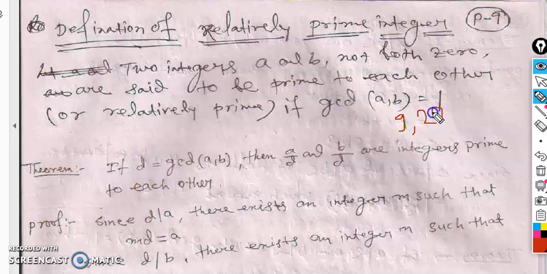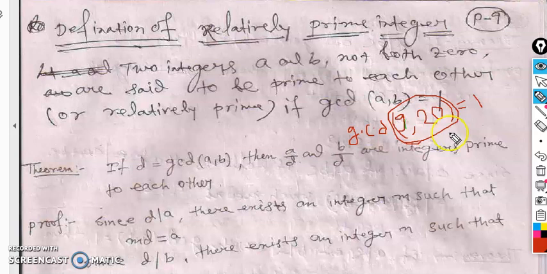But the only common factor of 9 and 20 is 1, so we can write the GCD of 9 and 20 equals 1. For that reason we say that 9 and 20 are prime to each other, or relatively prime numbers, but still 9 and 20 are not prime numbers.